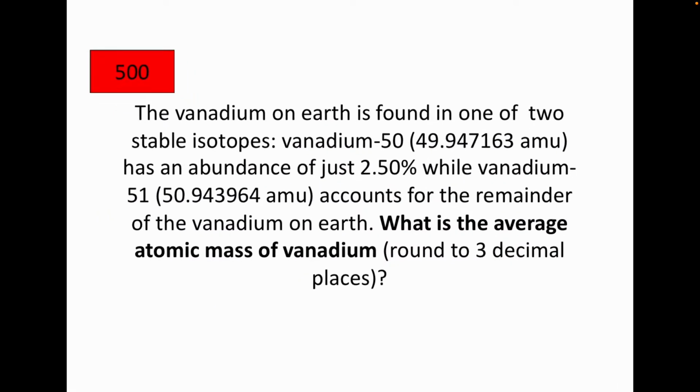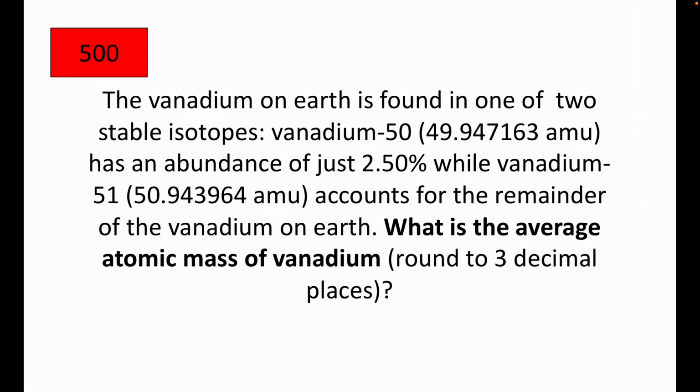All right, so all of the vanadium on Earth is found in one of 2 stable isotopes. Vanadium 50, which has that mass, has an abundance of just 2.50%, while vanadium 51 accounts for the remainder of the vanadium on Earth.